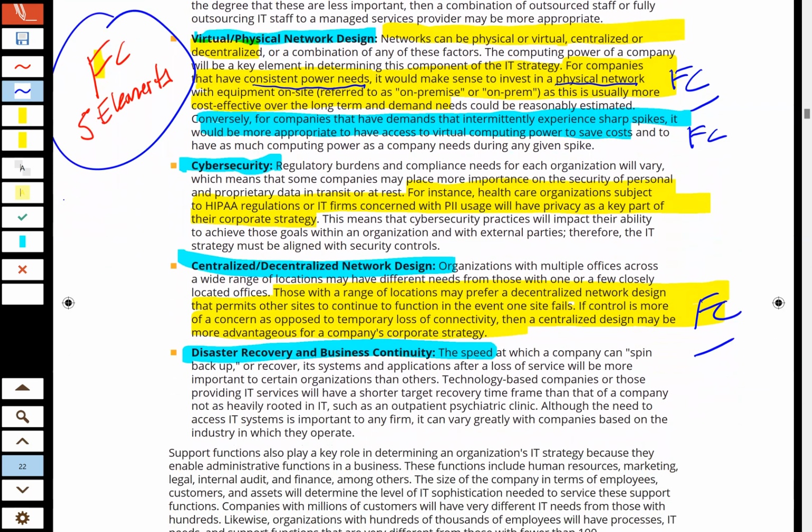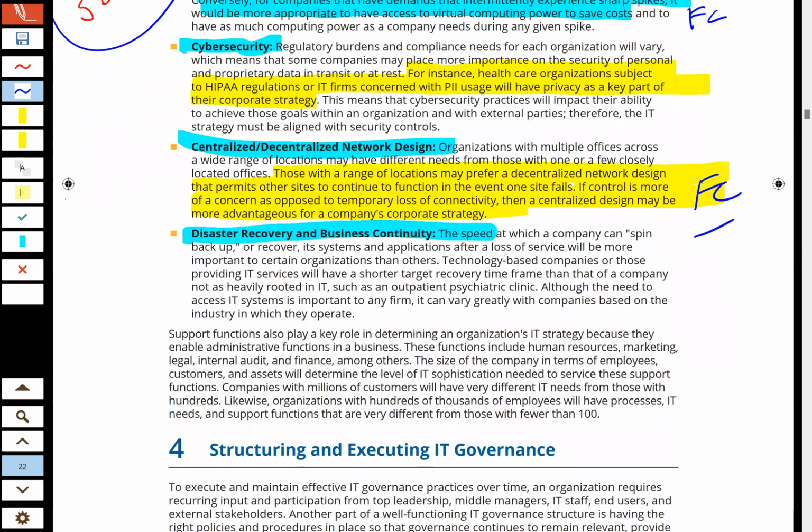Okay, now the other element that goes beyond the 5 here that we need to consider are the support functions. Okay, so support functions include human resources, marketing, legal, internal audit, among others. So you just go ahead and flashcard the nature, the elements of what we're considering support functions, just so you remember that we consider these support functions to the IT.